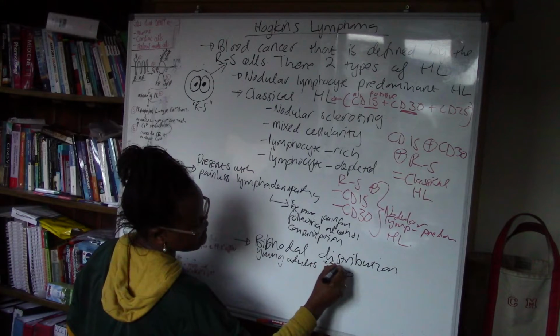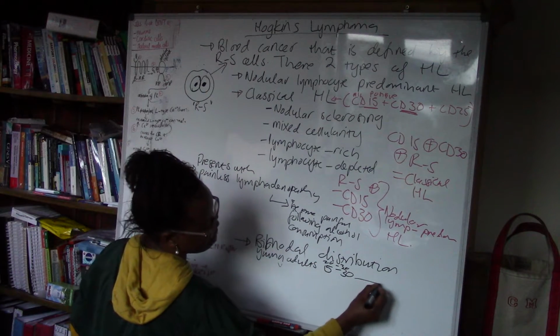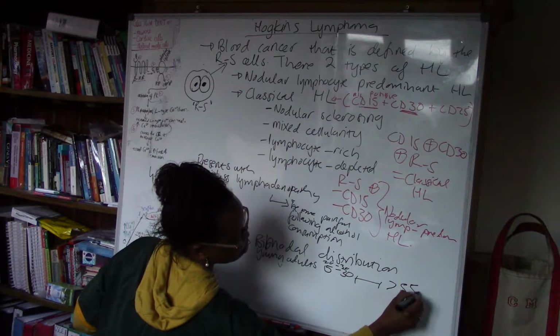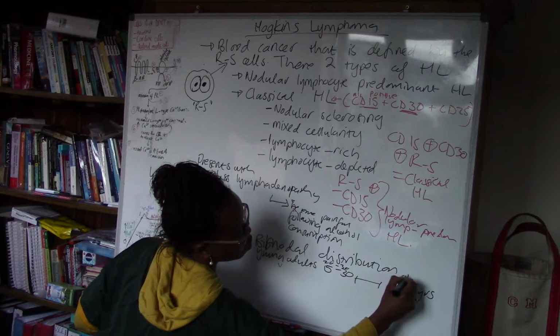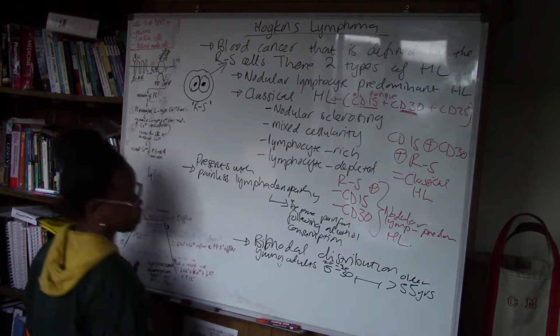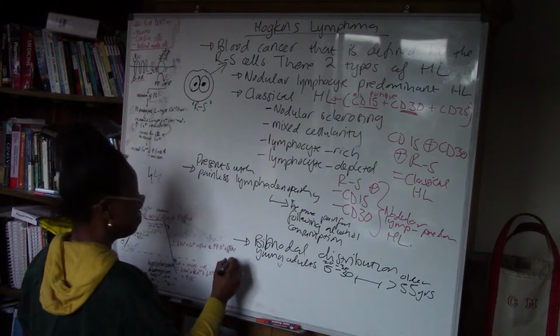Some books say 20 to 30. Then there is nothing in between, until older than 55 years old, and then older adults. So young adults and older adults are affected. So there is a bimodal distribution.